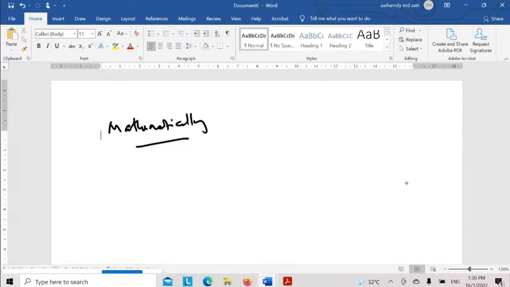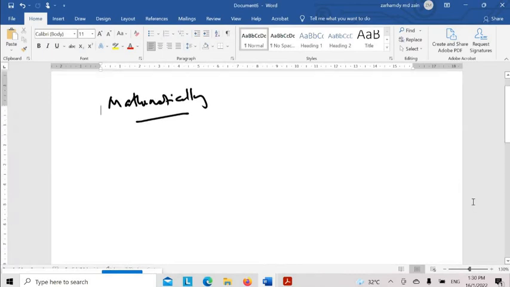You have to remember this, because normally they will ask you to prove it using the graphical method, and in some cases they will ask you to calculate using the theoretical method. So this one is theoretical.